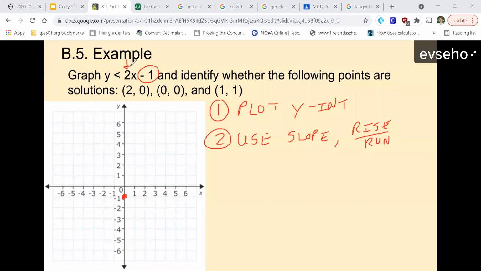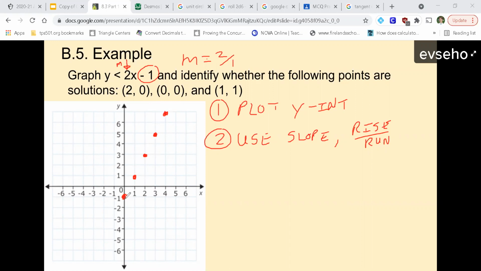Our problem has a slope of 2, which is the same thing as 2 over 1. So from this point right here, I'm going to go up 2 over 1. Up 2 over 1.